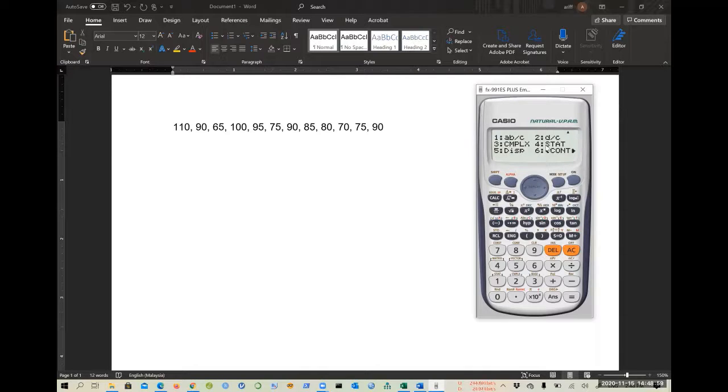You have stat, number 4 here. So click on this one. You want to turn off the frequency. Right now you are not using frequency, you are just using a single value, right? So you need to turn off the frequency, because just now you saw that it was turned on. So press number 2, and now you have turned off the frequency.